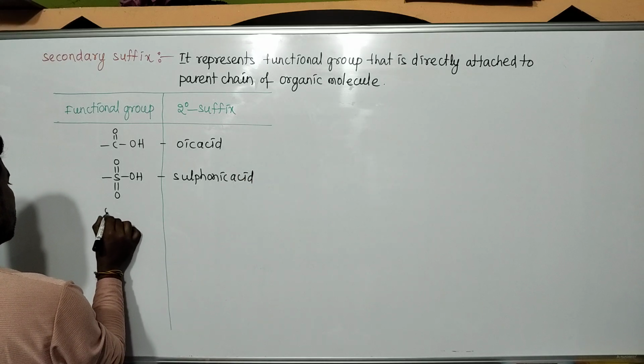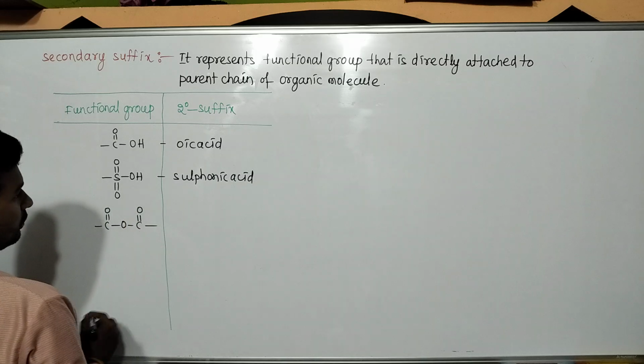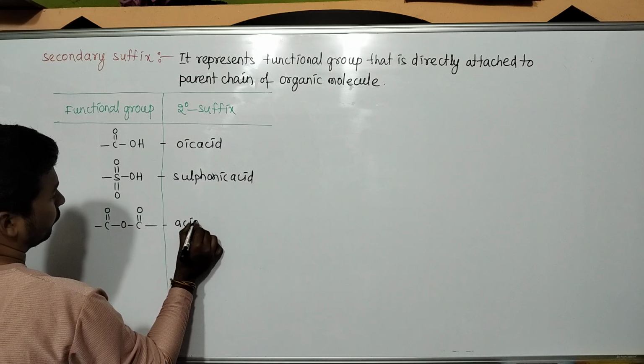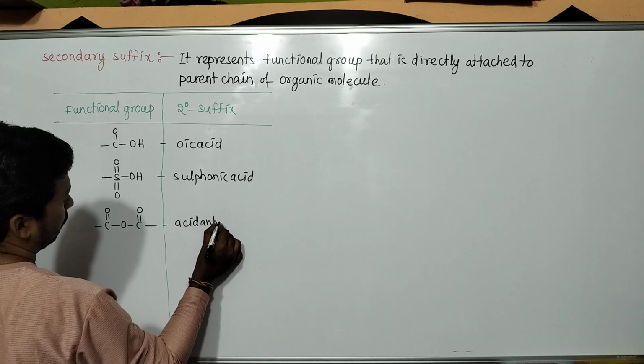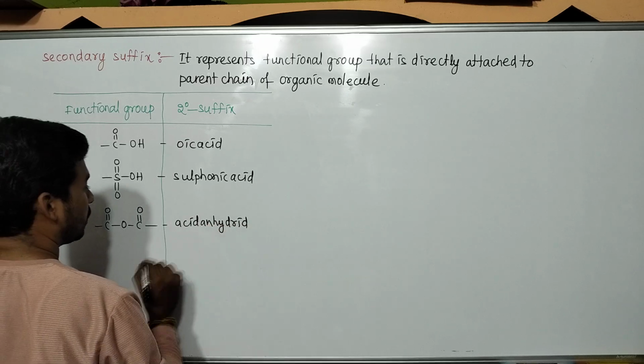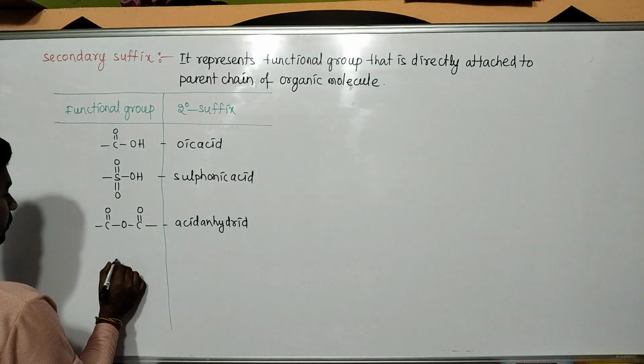If C double bond O, C double bond O is the functional group, we write acid anhydride. Acid anhydride is the secondary suffix.